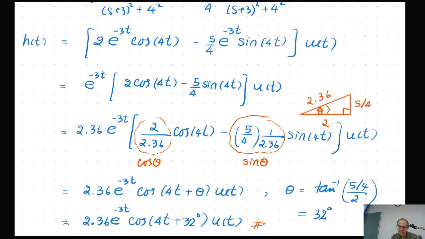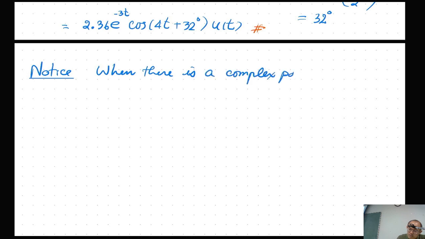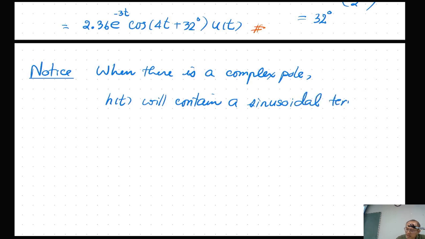So notice, when there is a complex pole, h(t) will contain a sinusoidal term. That is, it oscillates.